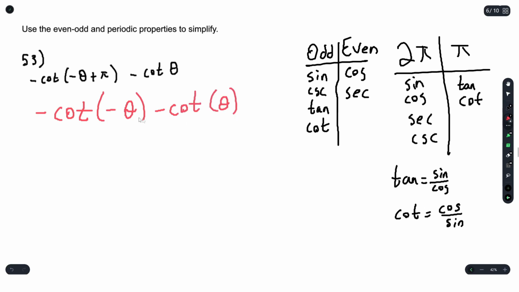Here we cannot subtract them because they don't have the same inner parenthesis value. So since cotan is an odd function, the negative will go outside. So plus cotan theta minus cotan theta. So the answer is 0. This is a positive sign, so we can just remove it.